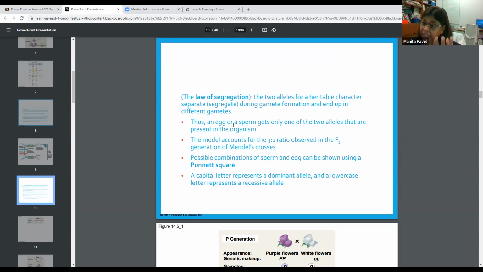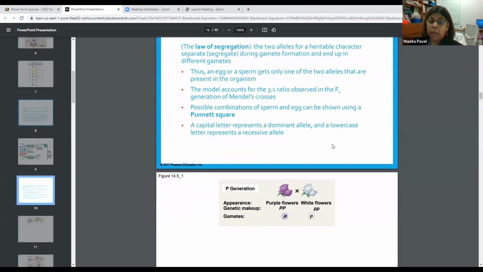So thus the egg cell, which is the female gamete, will receive one of the two alleles. The sperm cell will receive the other allele from that pair of alleles. And so law of segregation always accounts for the 3:1 ratio. Now, I explained to you what that Punnett square was, the checkerboard.